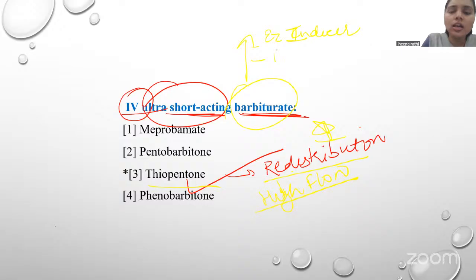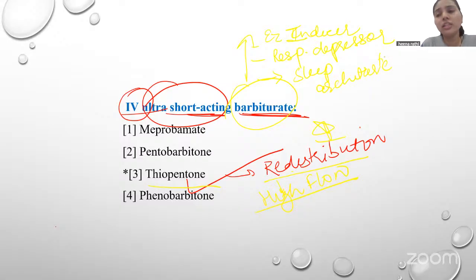Second, they are respiratory depressors, so they depress the respiratory center, which makes them very harmful. If taken for sleep, they disrupt the sleep architecture. That's why it is very problematic for the person.